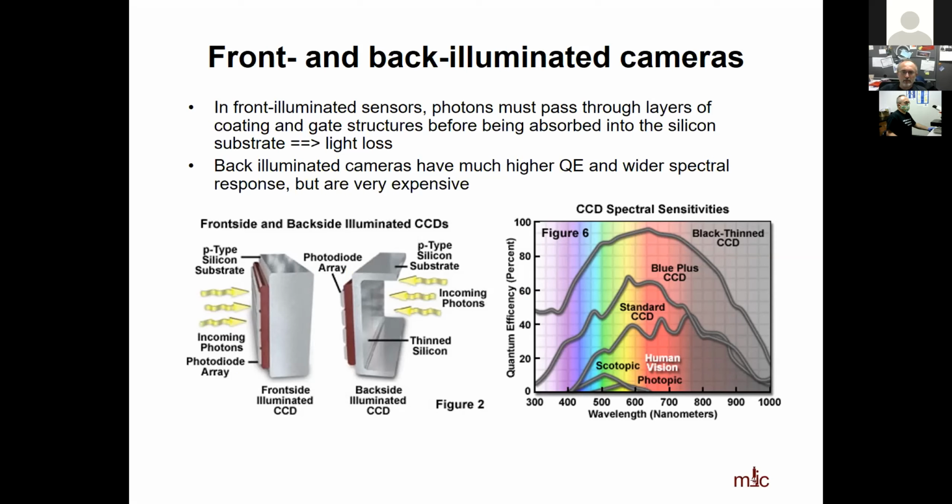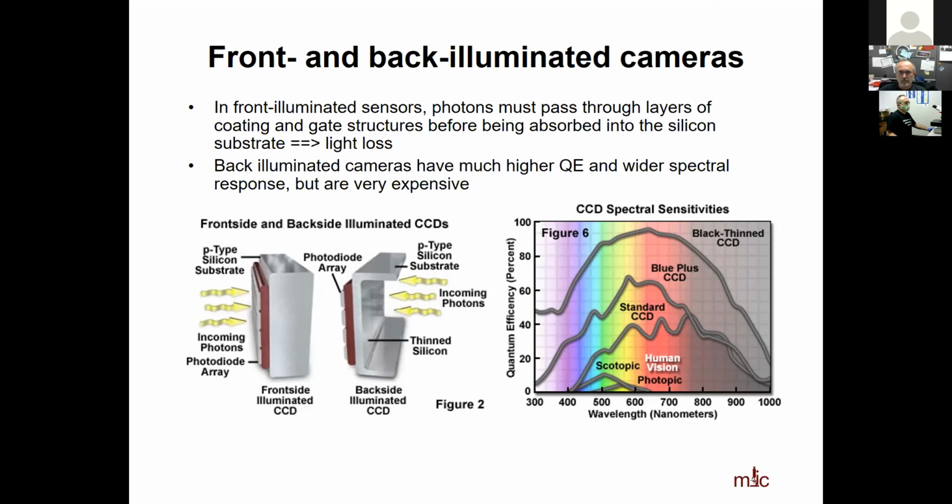So the typical efficiency could be from about 40 to maybe 70%. So if you shoot 100 photons, between 40 and 70, depending on the camera, will actually result in some sort of signal. The rest has been lost.